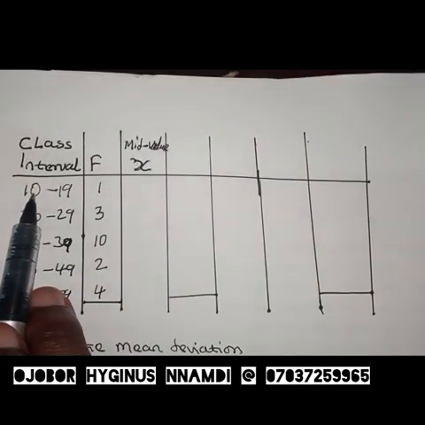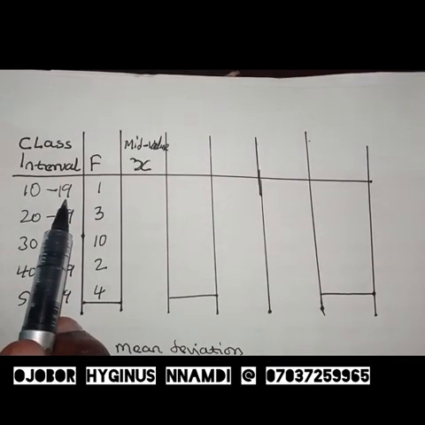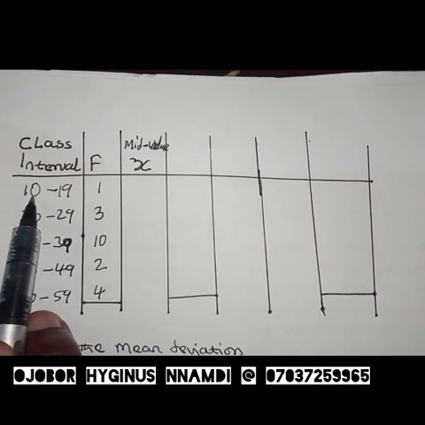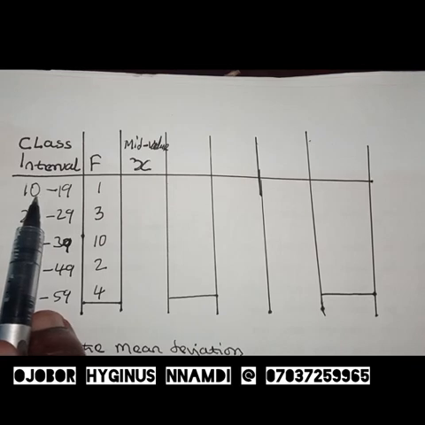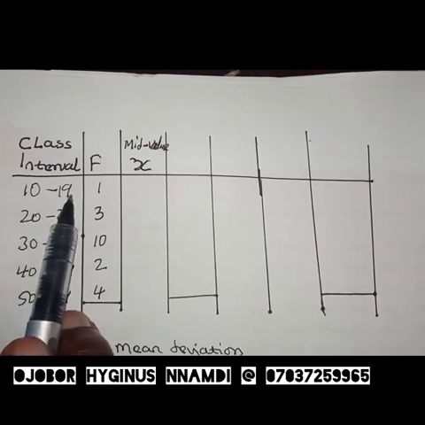So we are going to get the mid value of the class interval, and the mid value is gotten by dividing the sum of the lower class interval and the upper class interval by 2.